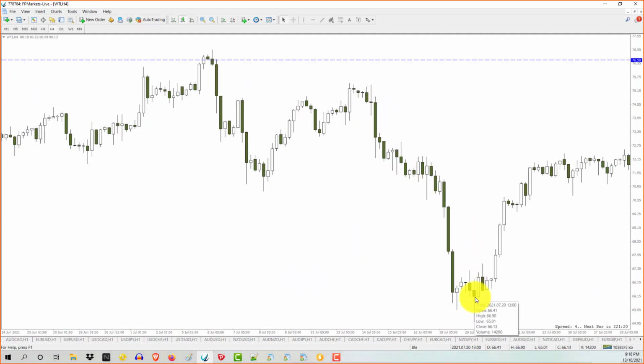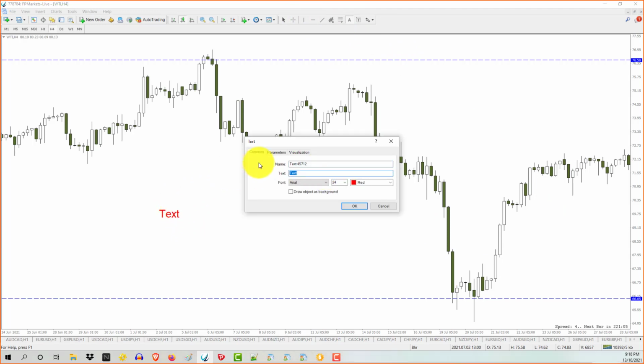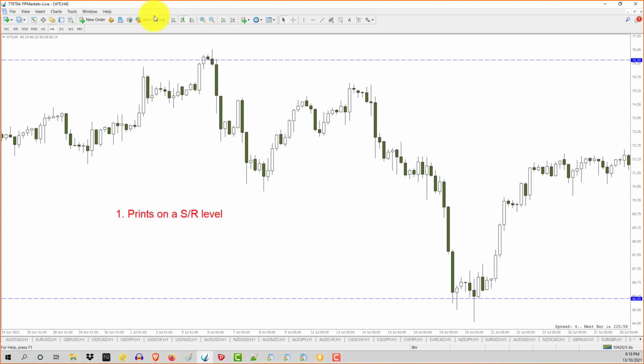There's one right there. So we want it to print on a support and resistance level, just like big shadows, which you want to print on support resistance levels too. The kangaroo tail prints on a support resistance level, and you have a really nice long wick.